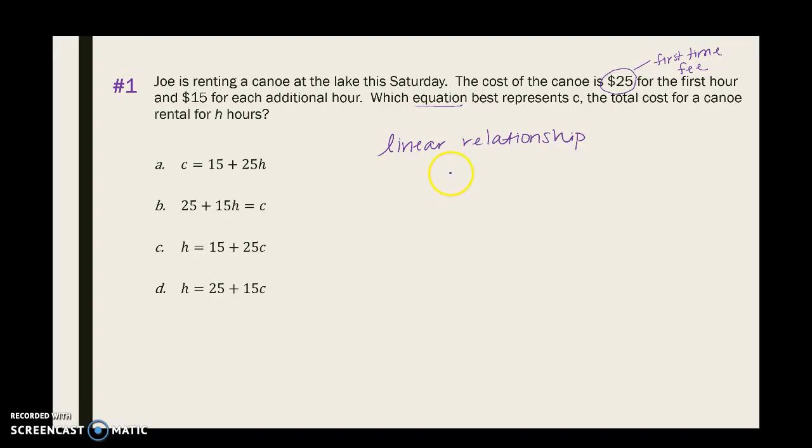So linear relationships were y equals mx plus b, and you will see this on your formula chart, where y is our dependent variable, x is our independent variable.